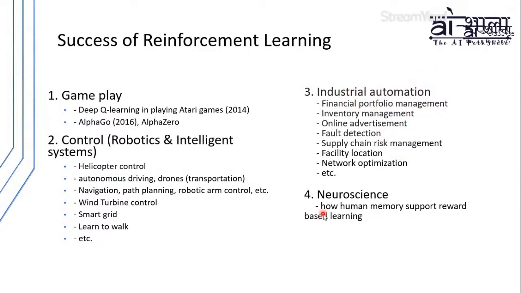Another thing is neuroscience, where DeepMind is very famous for working on how human memory supports reward-based learning, how we do representation learning, and so on. If we can know how we see a table, right? We don't need to learn that this is a table, because visually we know it's a table or a chair from its structure.